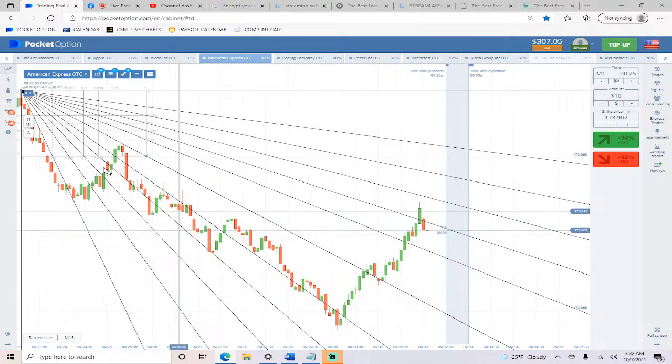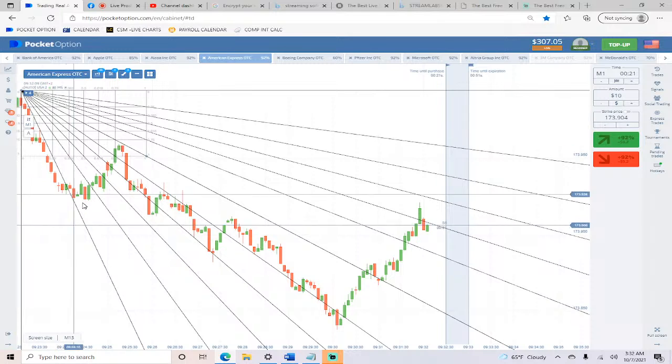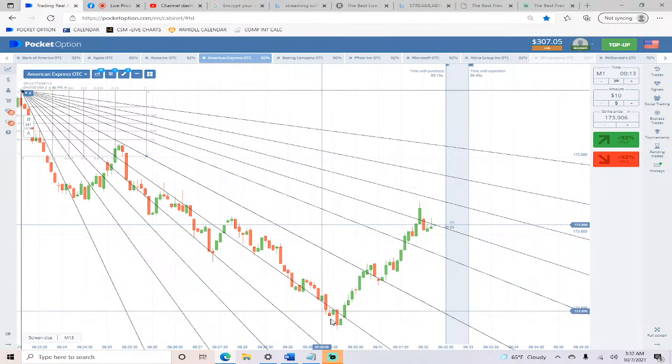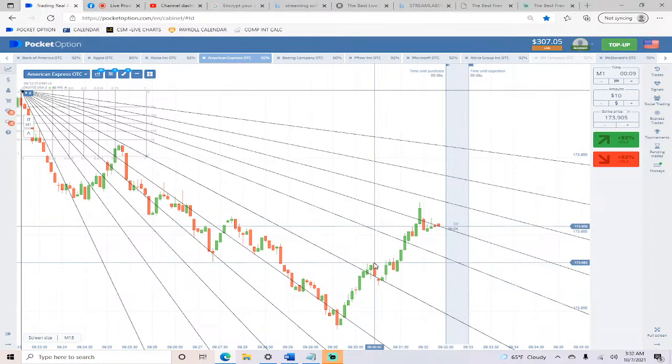We know that we're still in a downtrend because we have a high here, a low here. Lower high, lower low, lower high, lower low, a lower high, way lower low, lower high, actually, yeah, lower high, then we have a higher low.